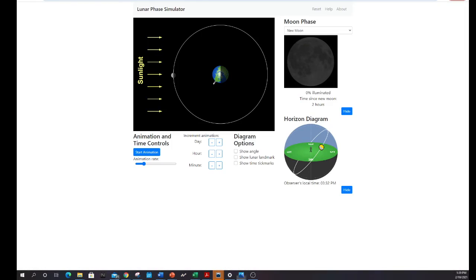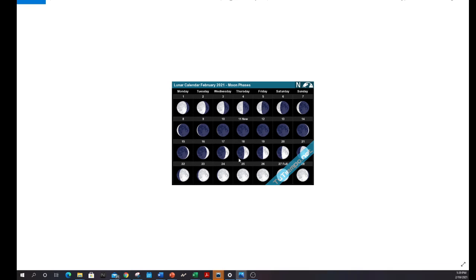Let me get back to the calendar. Starting here on or about the 17th, the moon will be visible in the sky between 6 and 10 p.m. From then until about the 27th, the moon will rise at about sunset and then set at dawn.